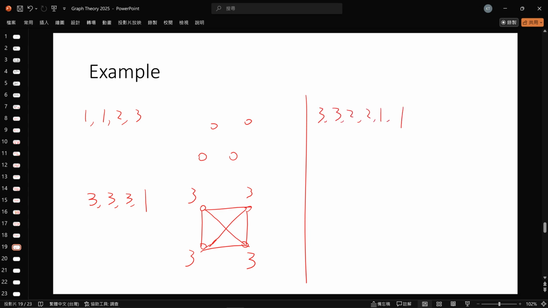Now let's consider the previous one, okay? So we have 6 vertices. Is it possible to create a graph such that two vertices have 3 neighbors, 2 vertices have 2 neighbors, and the remaining 2 vertices have exactly 1 neighbor?